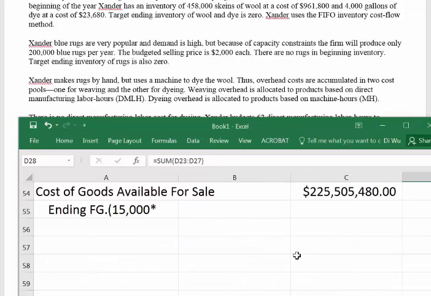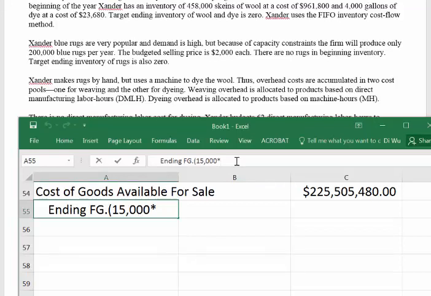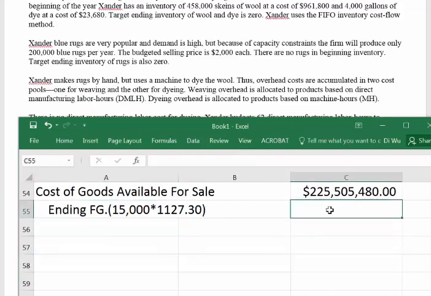So let me put down this number here. So we're going to multiply 15,000 racks left in ending inventory by $1,127.30 in my question.